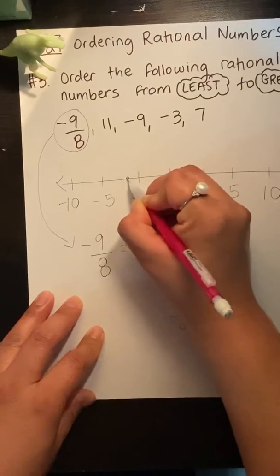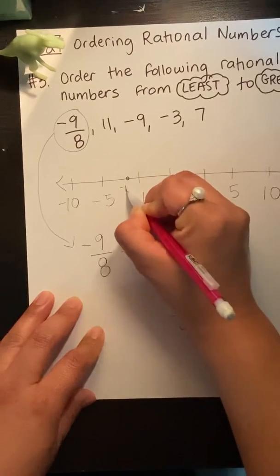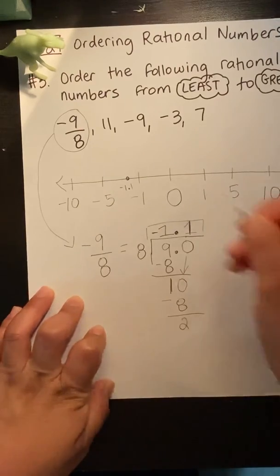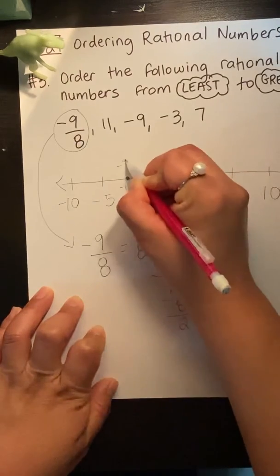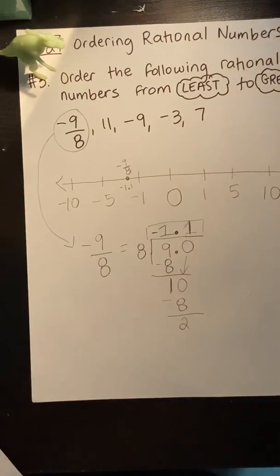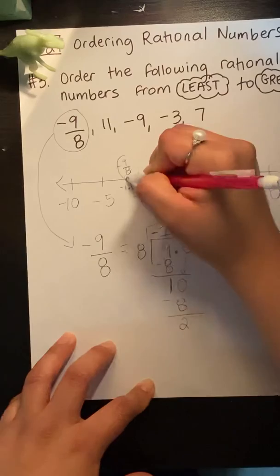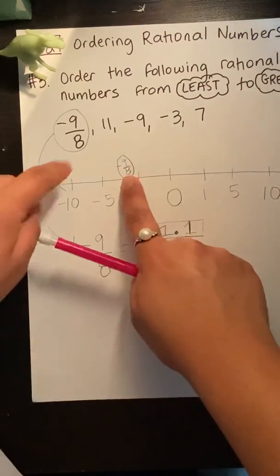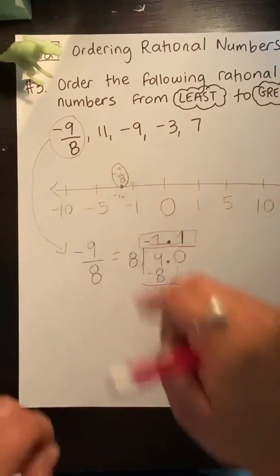So this is where I write -1.1, or I can write -9/8. Okay, and I'm going to circle it. That way I remember that this number is one from my list.